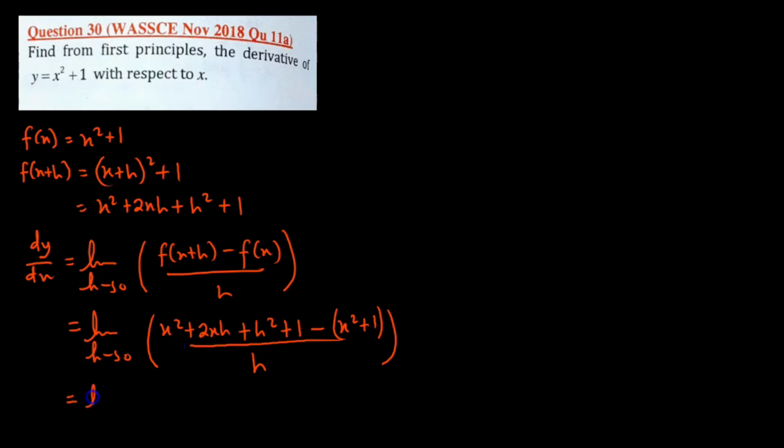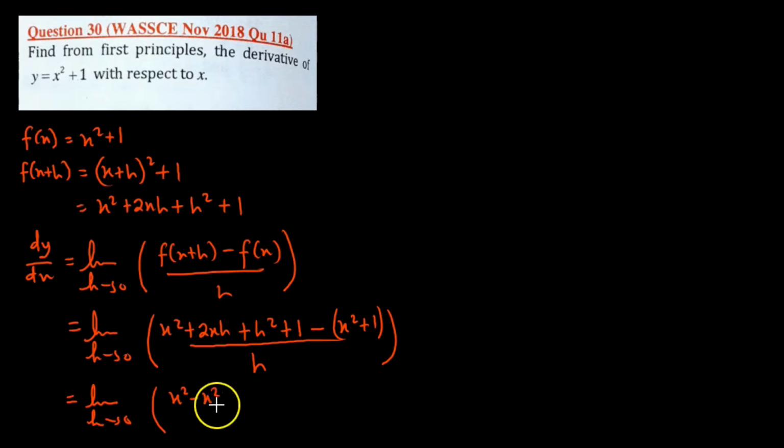Going further with simplification, we have the limit as h approaches 0. The numerator is going to be left with just a few expressions, because the x squared over here, when we expand the negative sign through, will give us negative x squared. So we'll have x squared minus x squared.